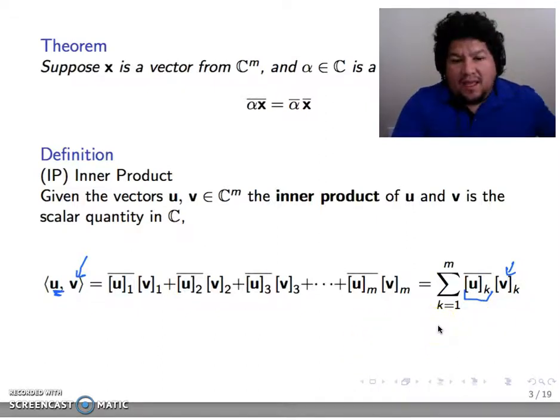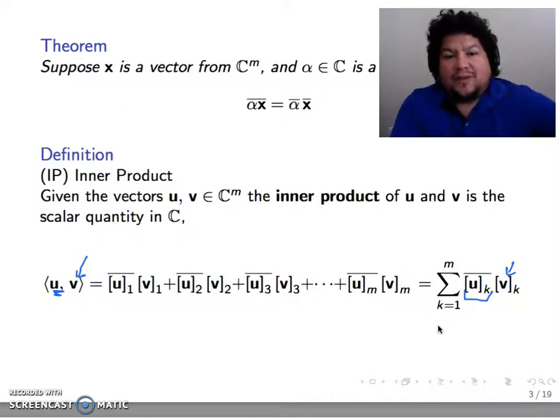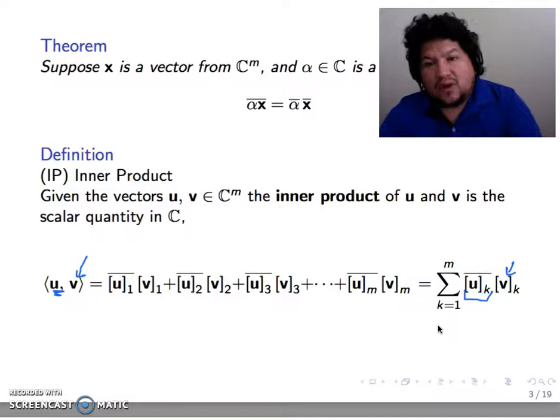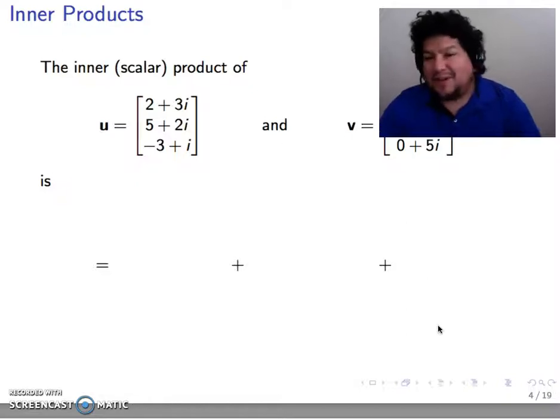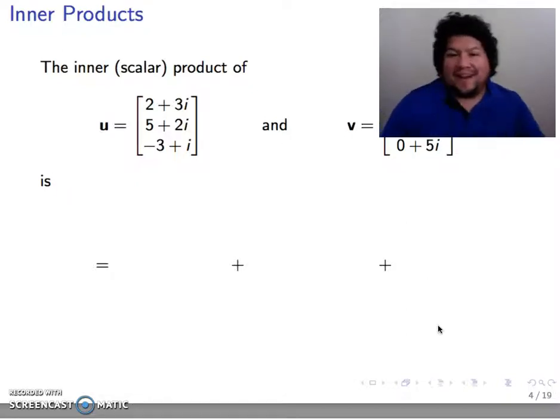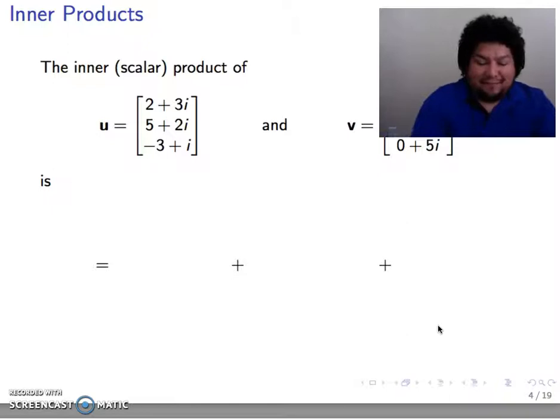So in essence, we are trying to match entries of both vectors, and we are multiplying those entries with the caveat that in one of those locations, for the vector that appears first, we have to take the conjugate.